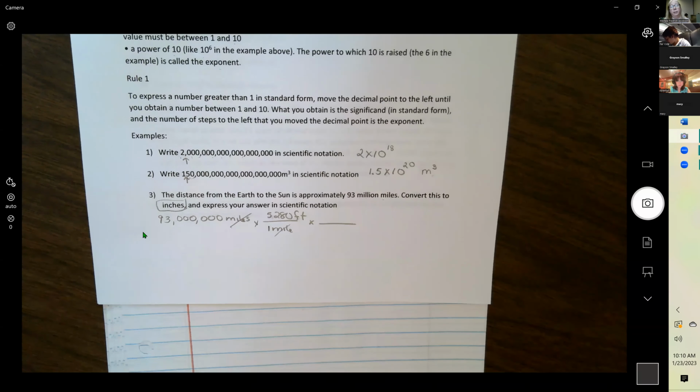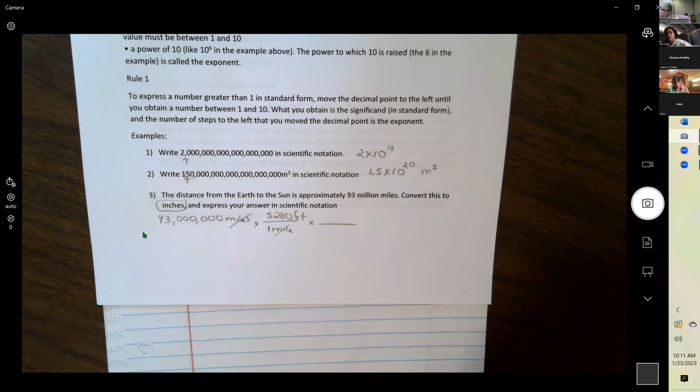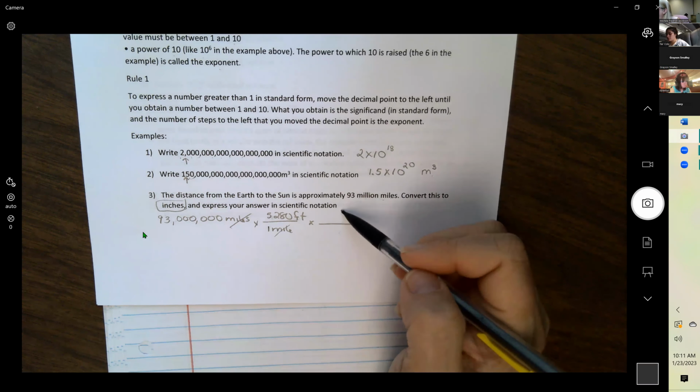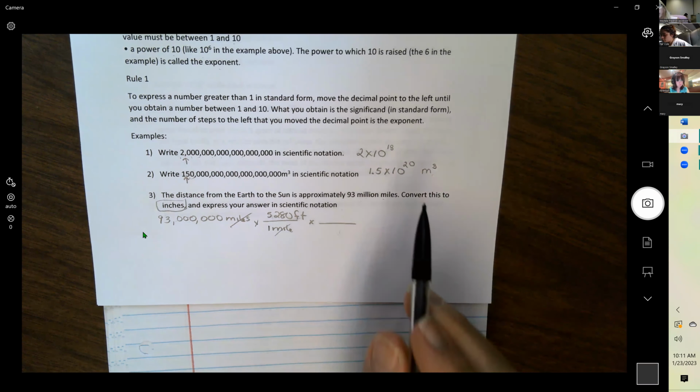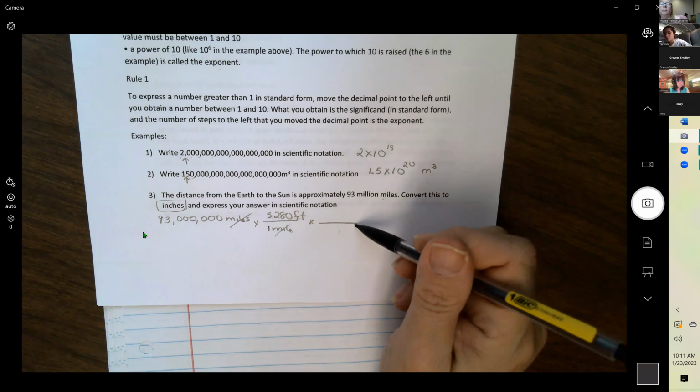From feet, we can go to inches. How many inches are in a foot? 12. Now, we know 12 inches in a foot. When we write our proportion, we want this foot to cancel. So should we put foot in top or bottom on the second one?